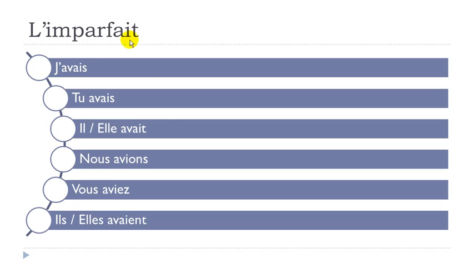Just try to remember, especially if you want to use it only orally, because it's avait, and avait. So, j'avais, final S not pronounced. Tu avais. Il avait, final T not pronounced. Nous avions, let's make this beautiful liaison here. Nous avions, okay? Vous aviez, same thing here, a little liaison. Ils avaient. Elles avaient, okay?